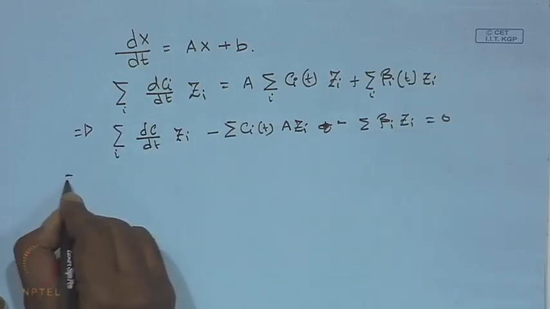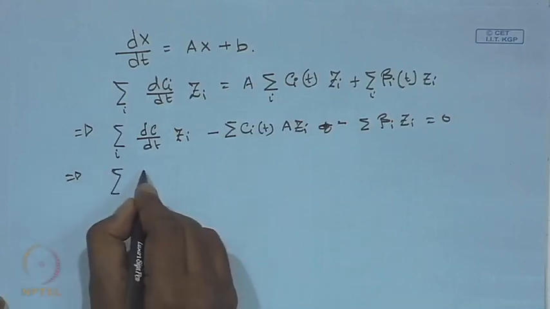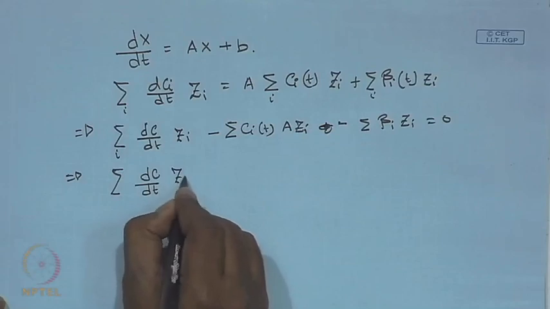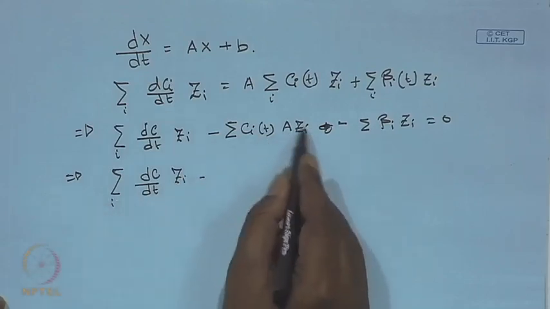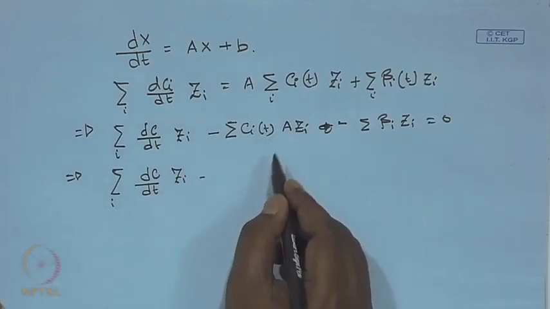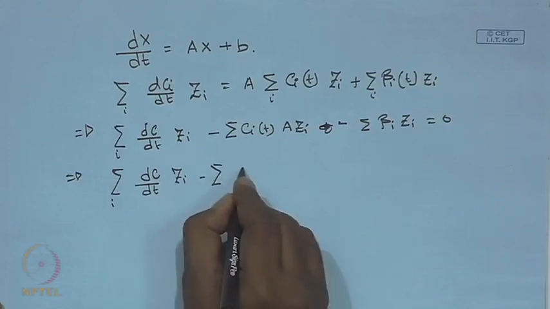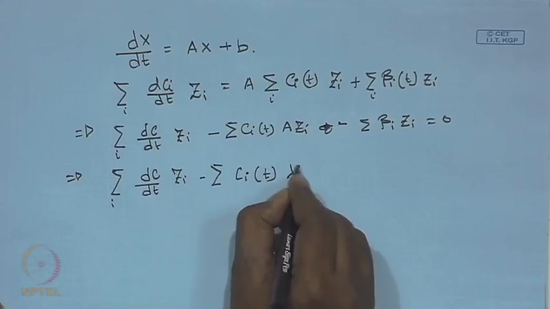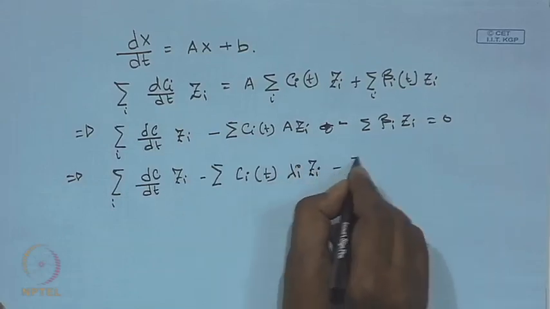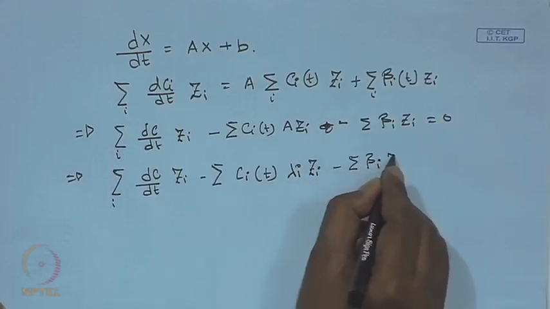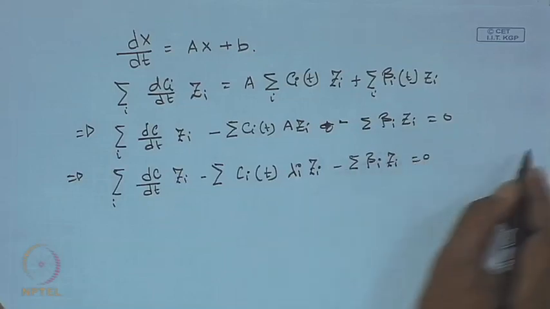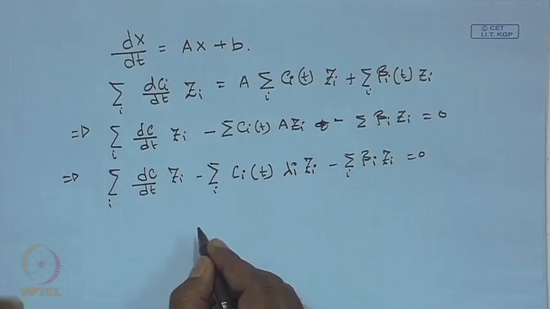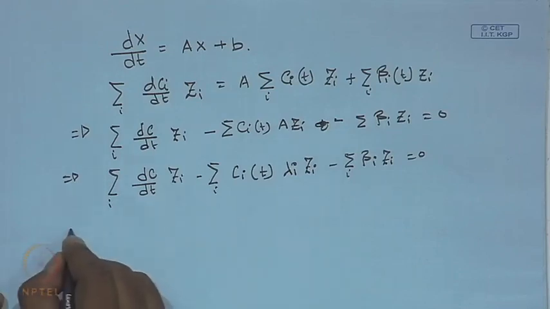So, we have the summation of dc_i/dt z_i, and we identify that this A z_i is nothing but lambda_i z_i. So, therefore, this becomes c_i(t) lambda_i z_i minus the summation of beta_i z_i is equal to 0, and all these summations are over the index i, which runs from 1 to n for an n dimensional problem.